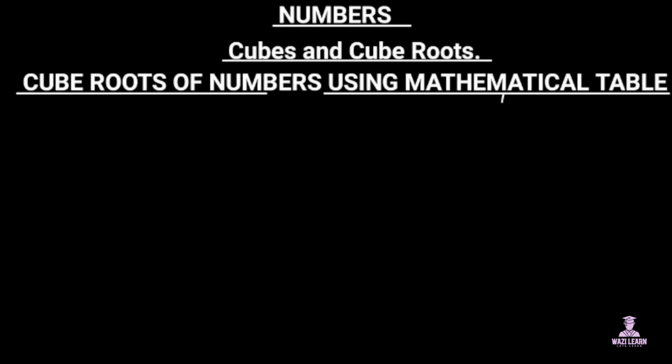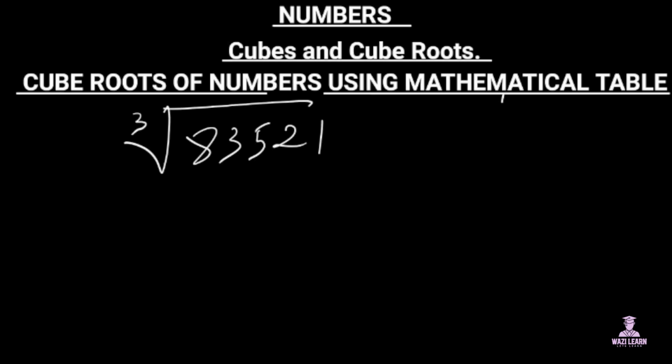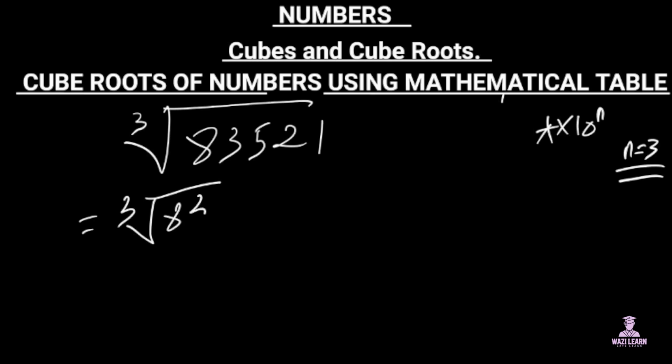Let's say you are given: find the cube root of 83,521. So you write it in standard form where n is 3. So it will be find the cube root of 83.521 times 10 raised to power 3.